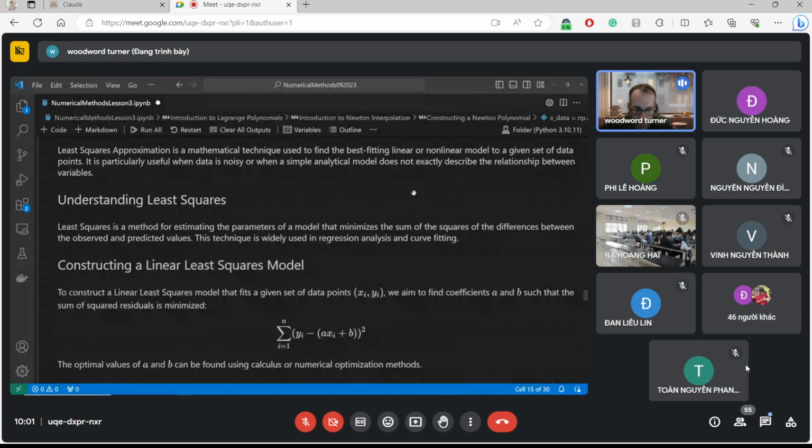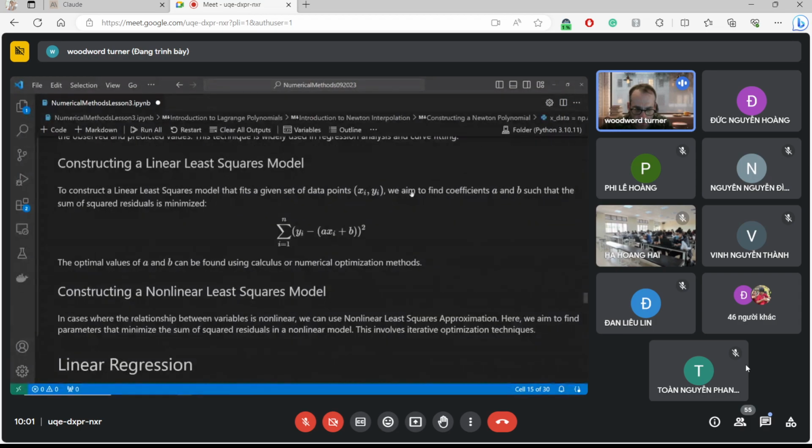To construct a linear least squares model that fits a given set of data points xi, yi, we want to find coefficients a and b such that the sum of squared residuals is minimized. So the residuals just means the error, right? So we want to minimize the error like we've been talking about in this class from the beginning.